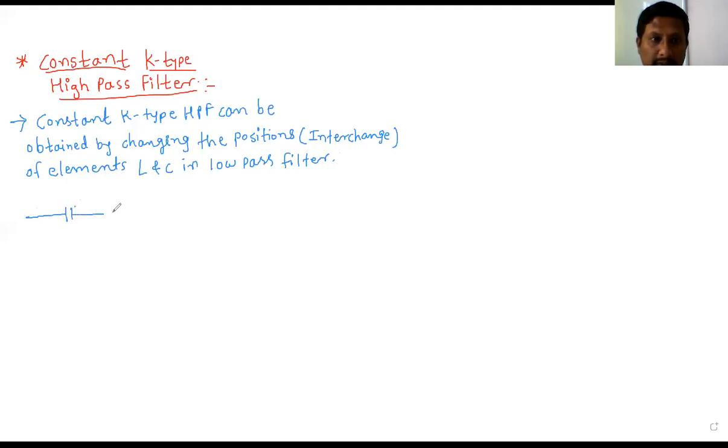Now you can tell what will be the value of capacitor here in case of T section and pi section. Inductor value and capacitor value. You have to tell the value in terms of L and C; I'm not asking for an exact value because we are not considering any numerical example.